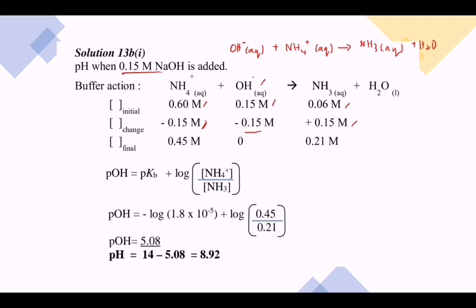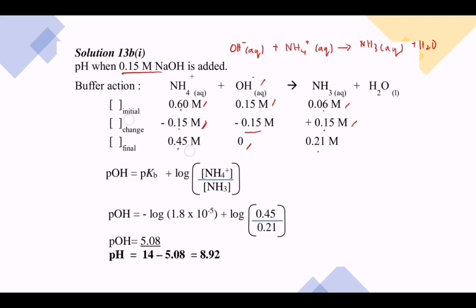Okay, so finally OH- akan jadi kosong lah sebab kita memang akan hapuskan OH- tu sepenuhnya. It will react completely with NH4+ in the solution. So lepas kita tolakkan 0.6 minus 0.15, you will get 0.45 molar. For ammonia, we have 0.06 plus 0.15, so you will get 0.21.